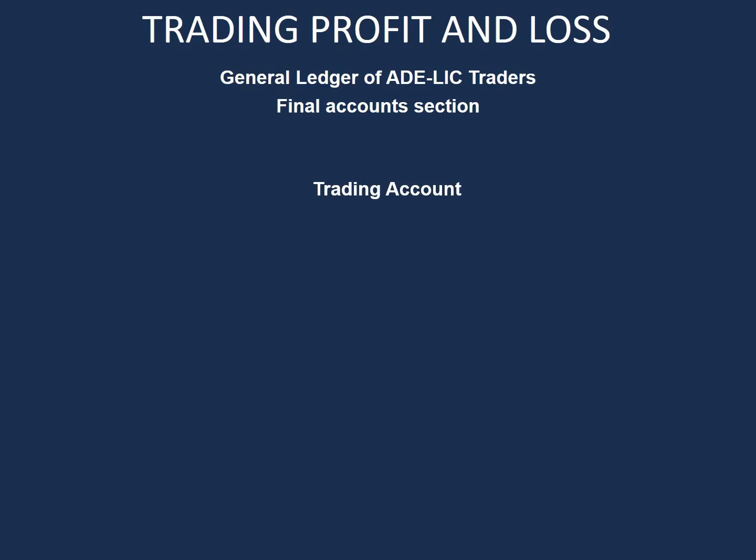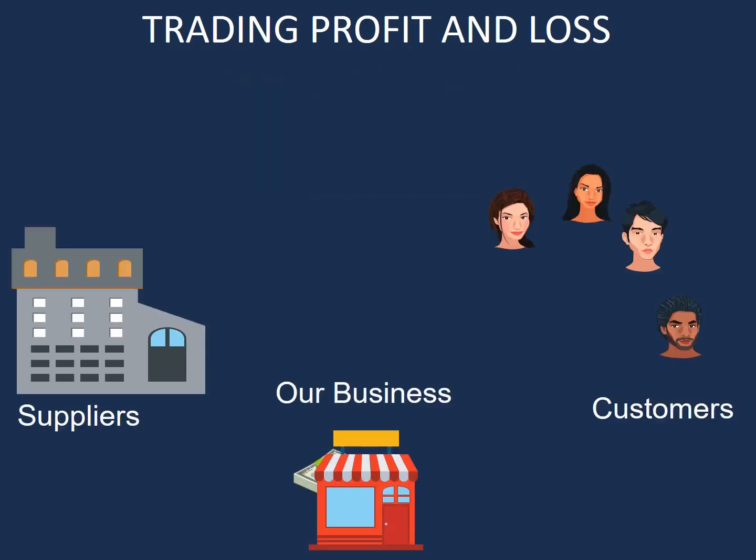Now, just like the word states, trading involves buying and selling of goods, and those are the accounts that are entered in our trading account. For example, a business may buy goods from its suppliers. That is a purchase, and the account's name is purchases. And purchases we debit in our trading account.